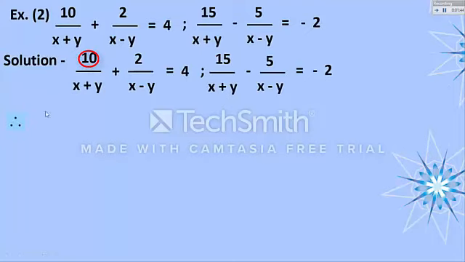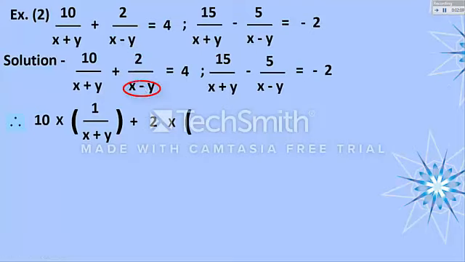Therefore, the numerator is 10 into, taking the denominator separately, 1 divided by x plus y, plus the numerator 2 into, taking the denominator separately, 1 divided by x minus y, is equal to 4.